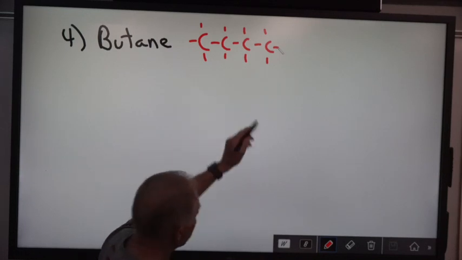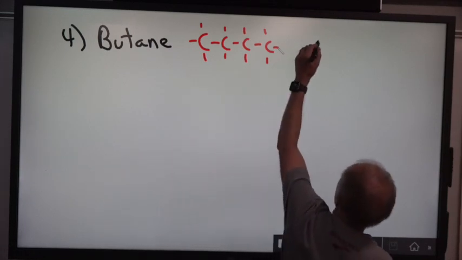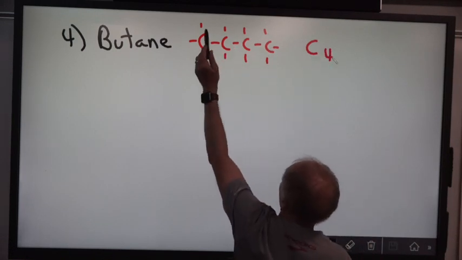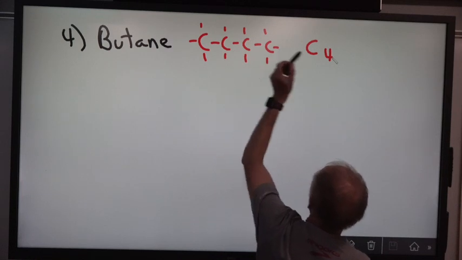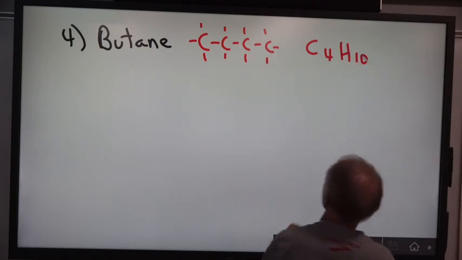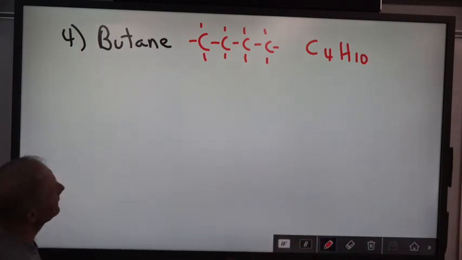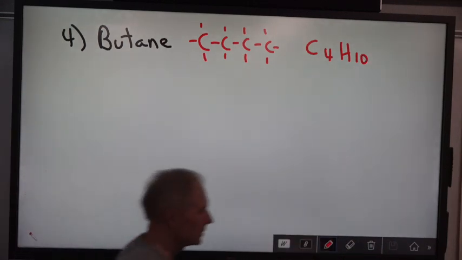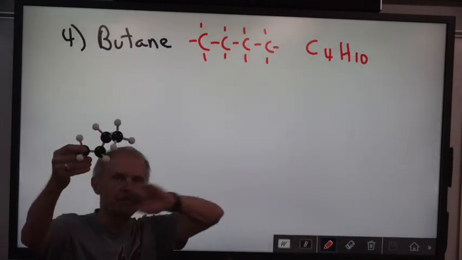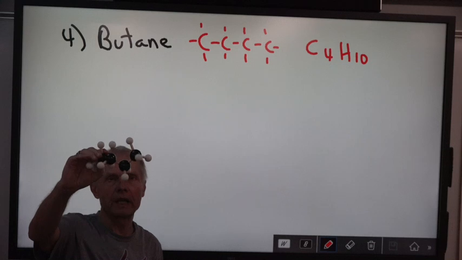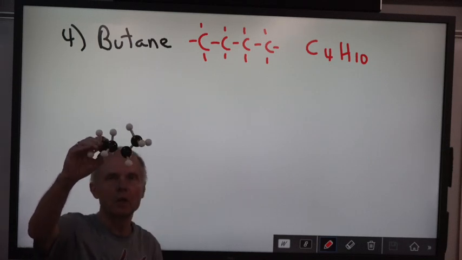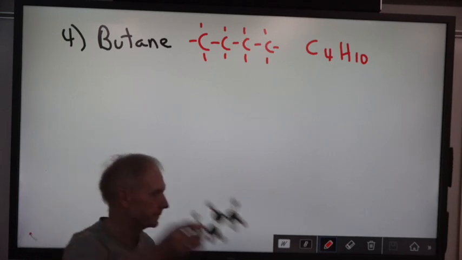So if you count these up, it's going to be C4, and then how many hydrogens? 1, 2, 3, 4, 5, 6, 7, 8, 9, 10. H10. So, that is butane. And butane looks like this. Now remember, they don't have to be a straight line. They can be all crooked like this, as long as they're all together. All right, so that is butane.